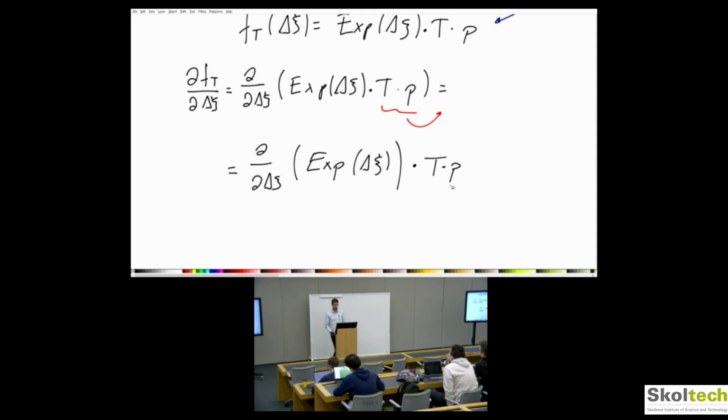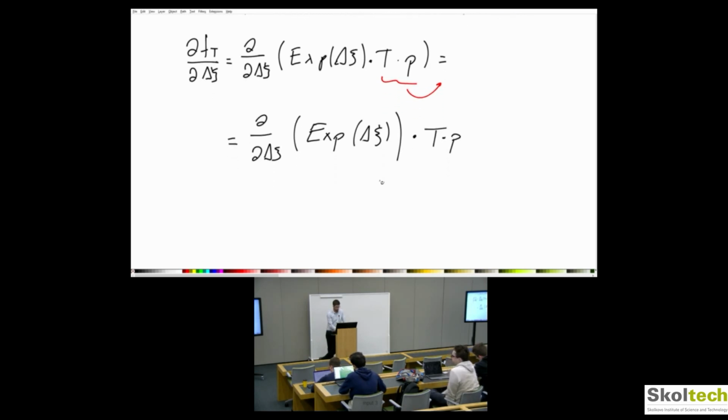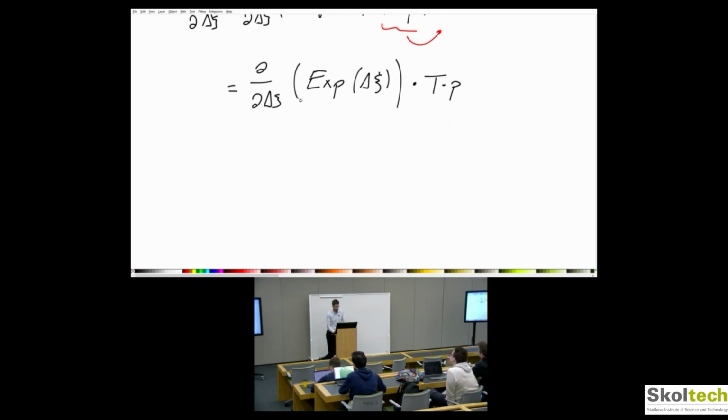This is a vector: a transformation multiplied by a vector is a vector. And then here we are just maintaining those parts that are a function of the variable that we are deriving. So far everyone agrees? Yes, good.